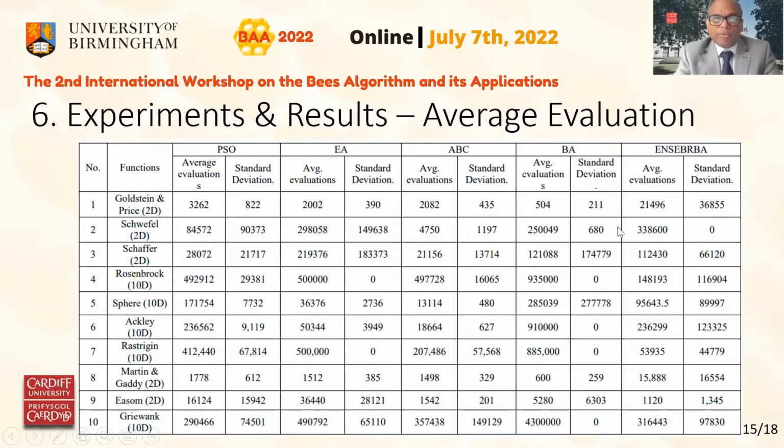Again, you find the quality of the solution by looking at the fitness value found and also the computational time taken to converge. So again, some functions took longer, some functions were solved quicker with the enhanced algorithm.